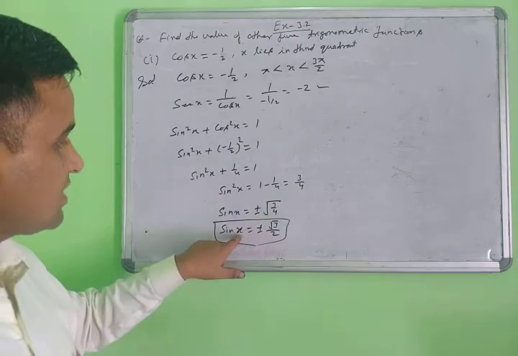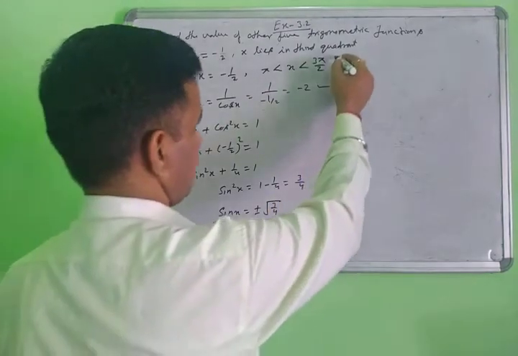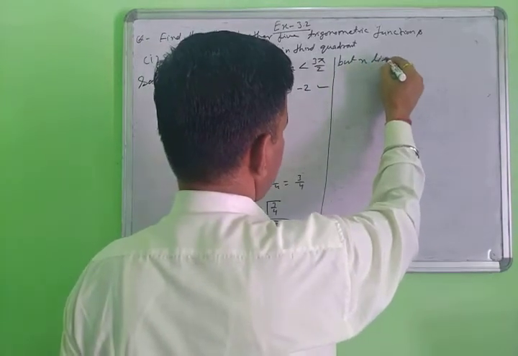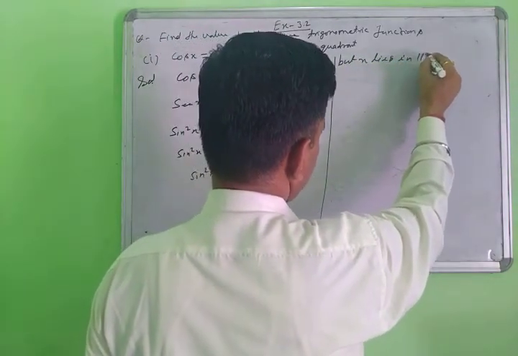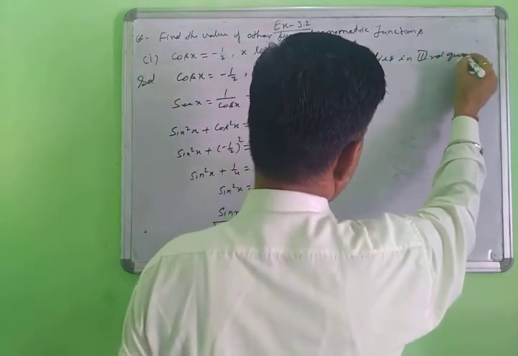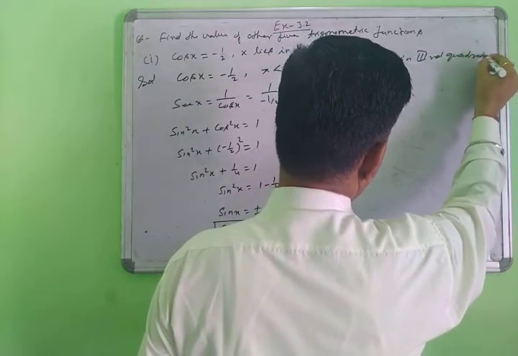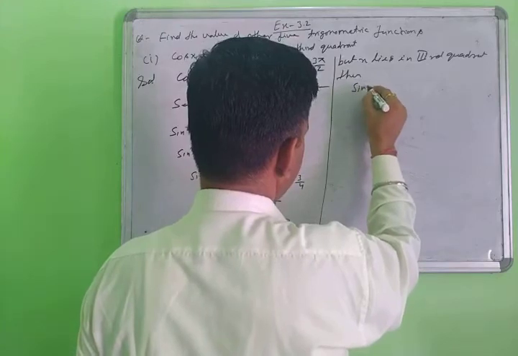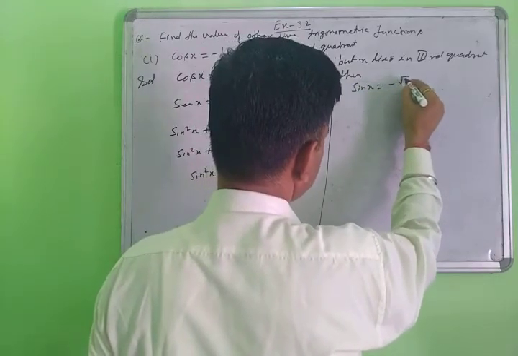But x lies in the third quadrant. Then sin x equal to minus root 3 by 2.